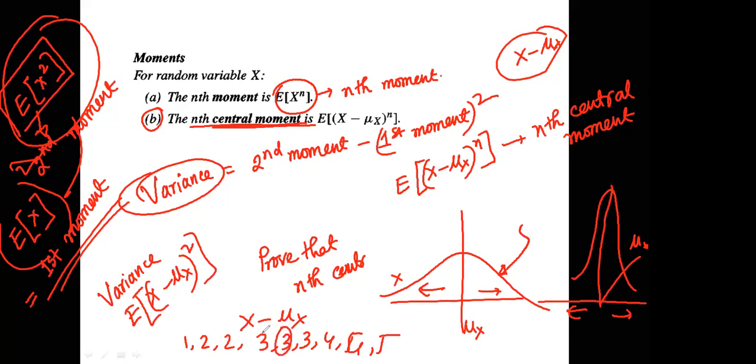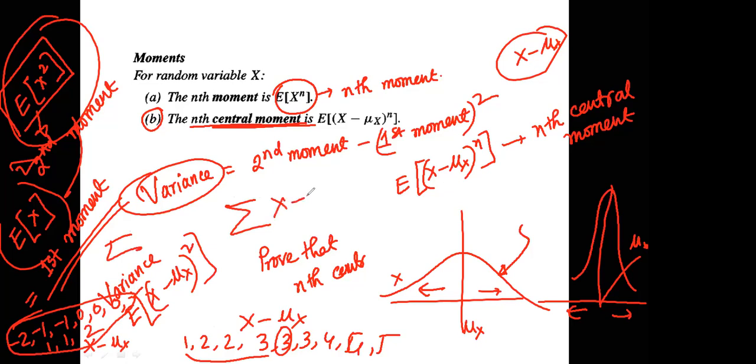If I want to find x minus mu x, look at that: 1 minus 3 means minus 2, then minus 1, minus 1, 0, 0, 0, plus 1, plus 1, and 2. So if you just take the sum of x minus mu x, actually you will find 0.